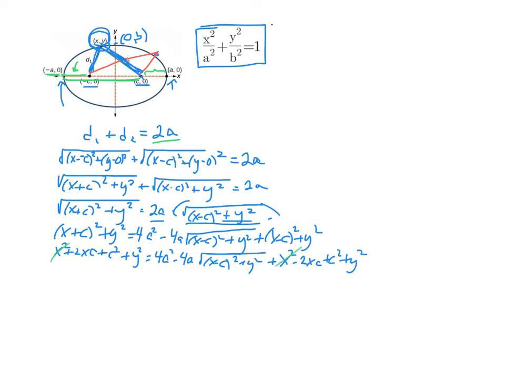And now we can see that some of these are going to cancel. My x squareds are going to cancel. We have a c squared and a y squared that cancel on each side.